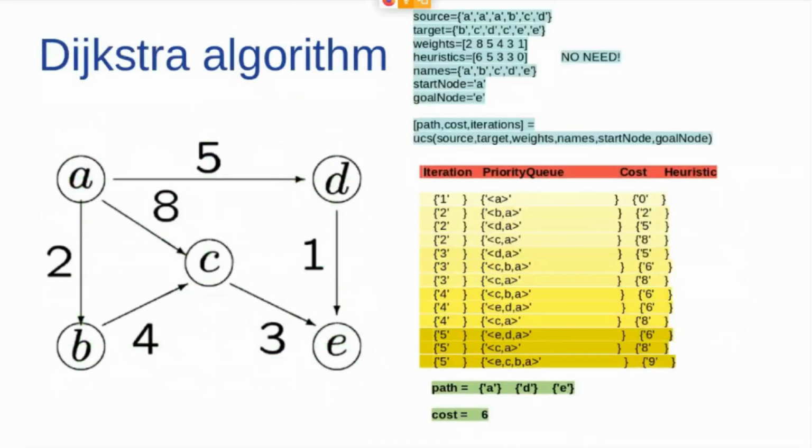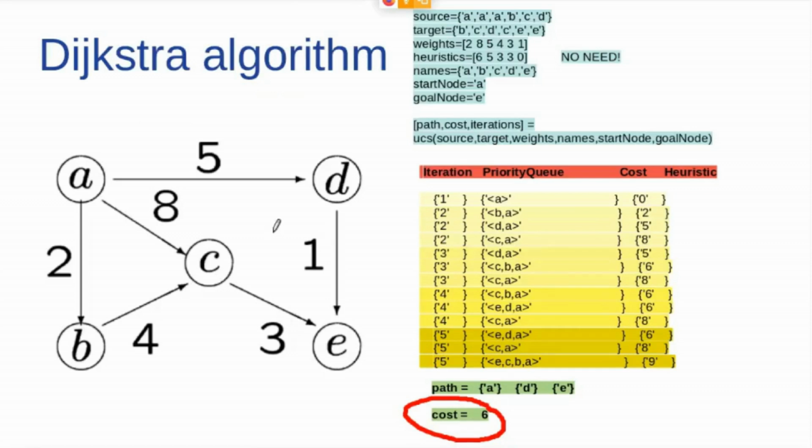So well, let's go now to the Dijkstra algorithm. As I told you, the Dijkstra algorithm will give you the minimum cost possible. And I told you that in this simple example it is only 6: A, D, E, right? Afterwards, I'm going to show you how this Dijkstra algorithm works, right?